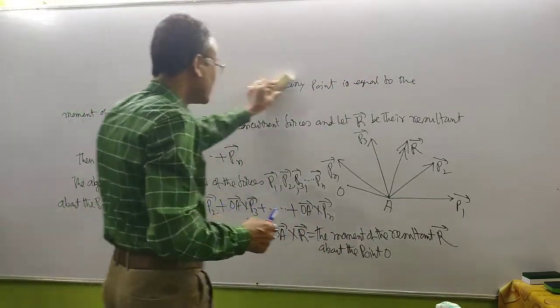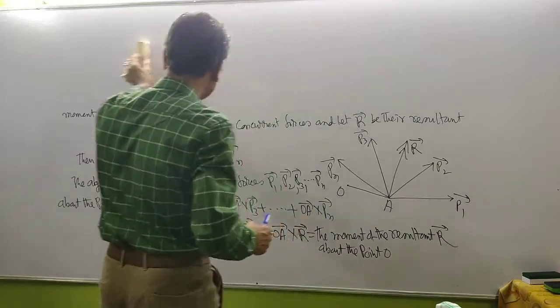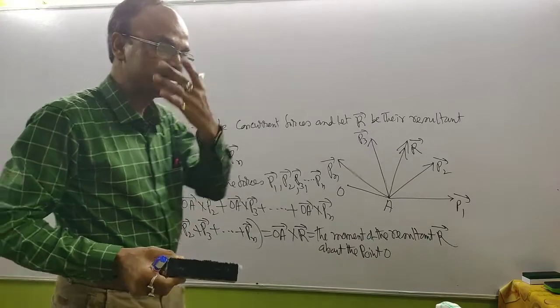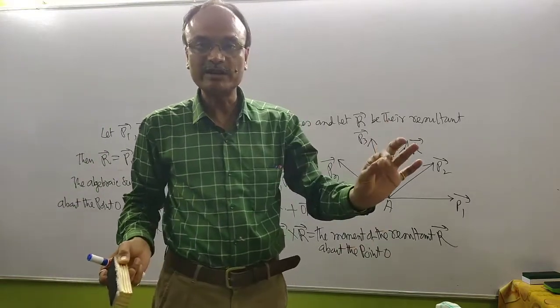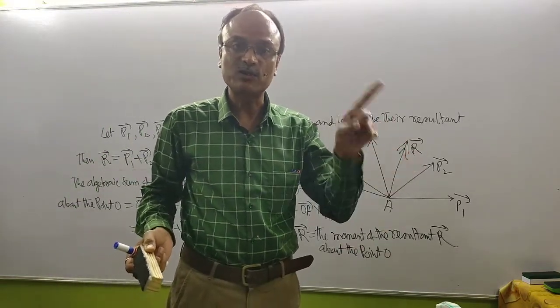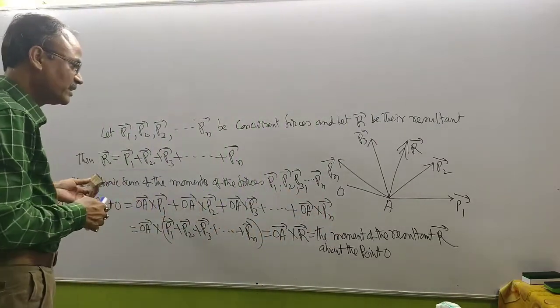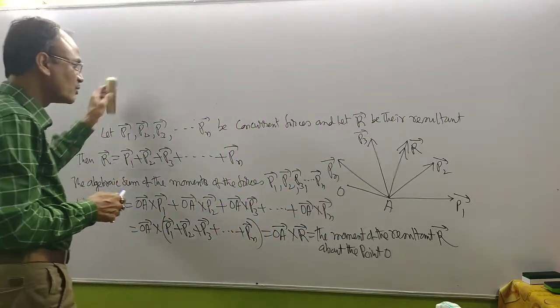Perhaps you have understood Varignon's theorem on moment: the sum of the moments of the forces about any point is equal to the moment of the resultant about the same point. Now you may find the conclusion.